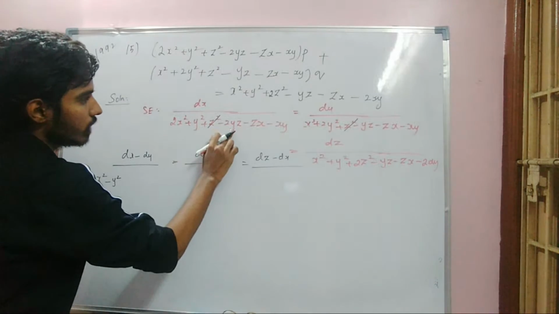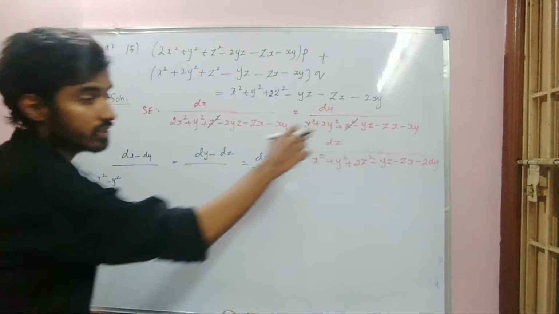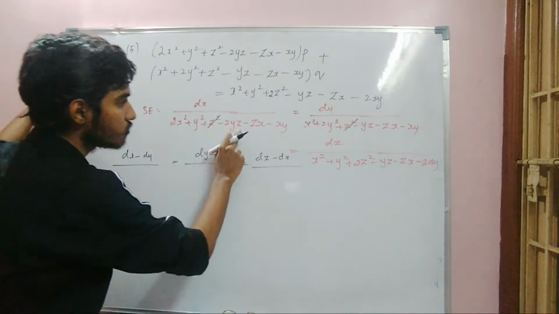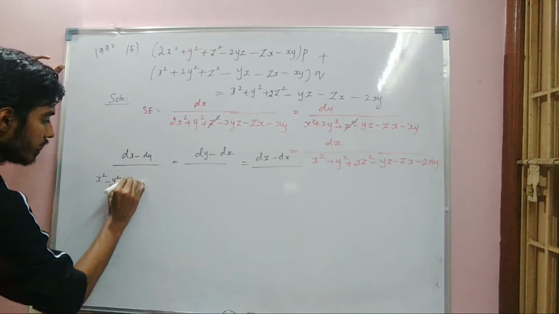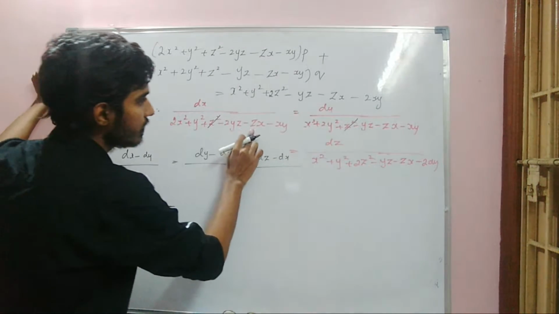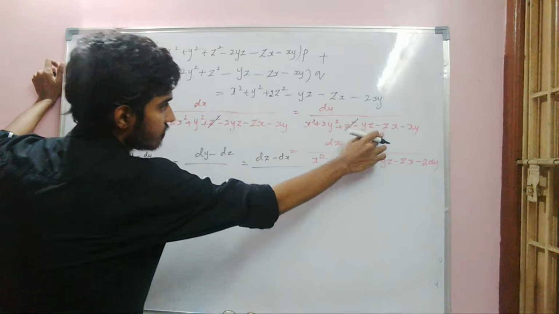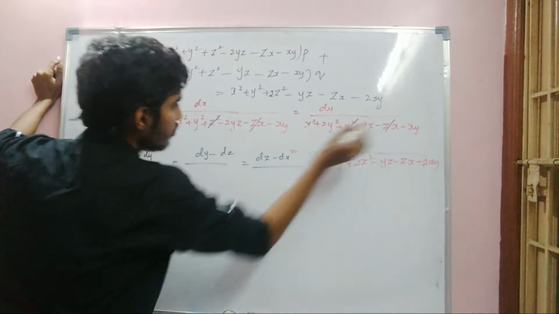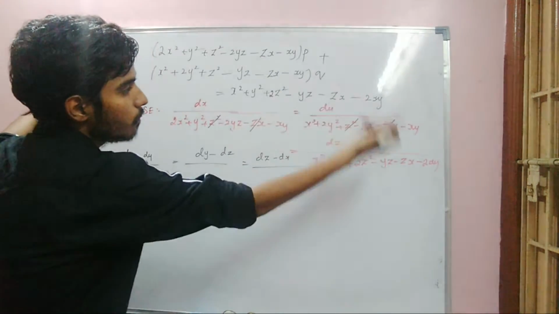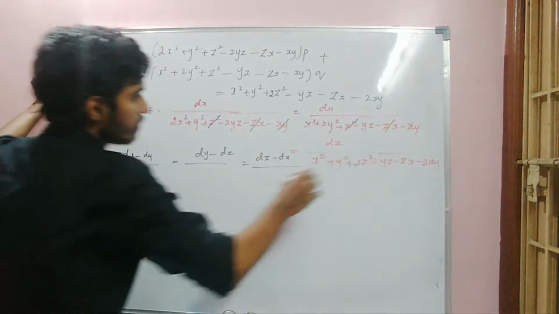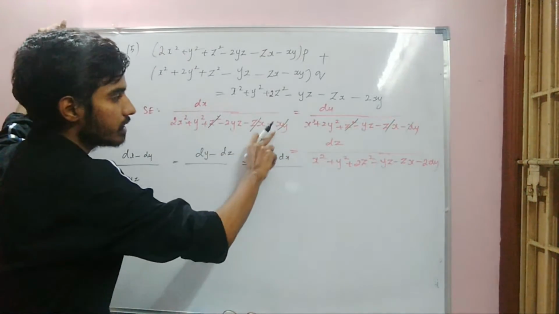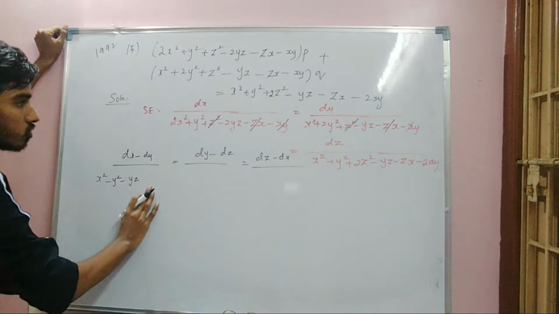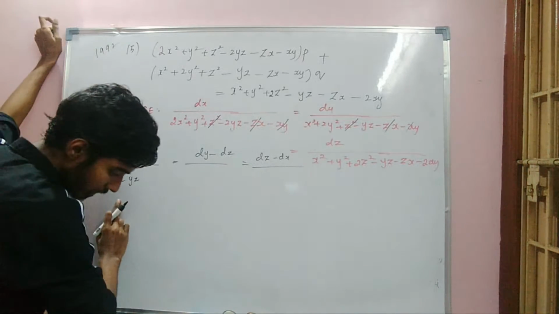Minus 2yz plus yz, because we are subtracting, so we have minus yz. Minus zx plus zx, this term will get cancelled. Minus xy plus xy, again this term will also get cancelled. So we have x square minus y square.